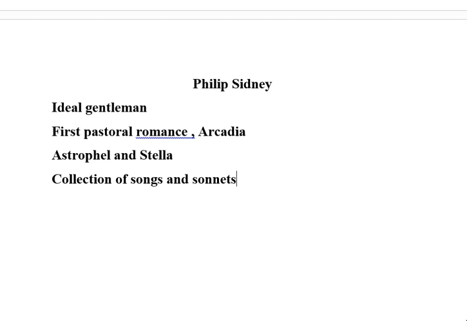So Stella was star and Astrophil was the lover of that star, right? But unfortunately, she was married to another person, and Sidney married another girl, right? Okay. This Astrophil and Stella is the voice of his broken heart, right?